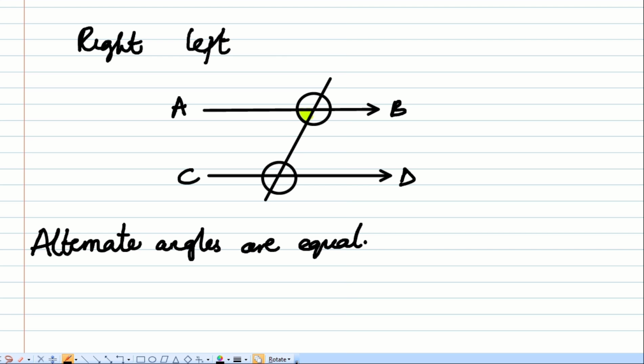So relative to our transversal, you discover that this angle is on the left, right? So let me just write that. You see, relative to the transversal, I mean this straight line, this angle is the left. So this angle, the right, is alternate to it. So we just shade that. So the angle that's alternate to that will be this one, and they're equal.